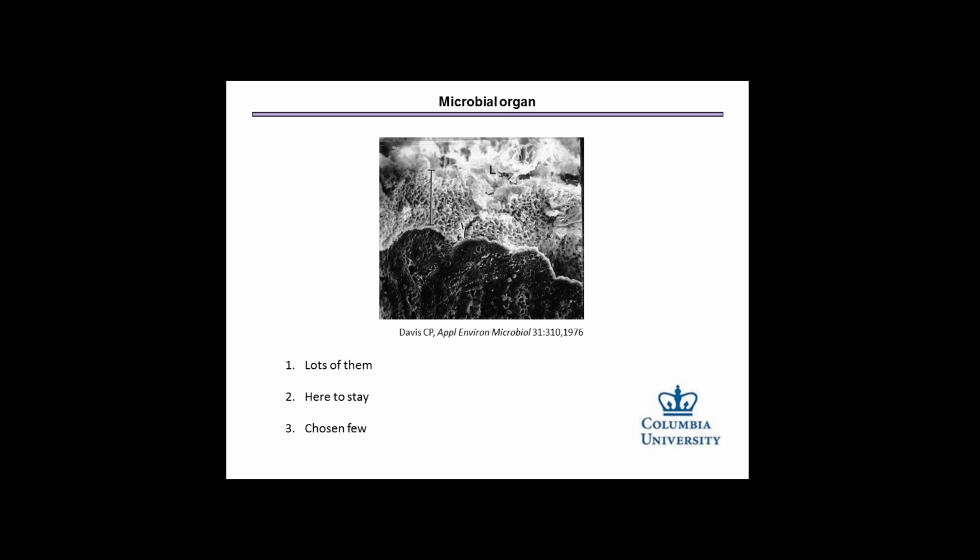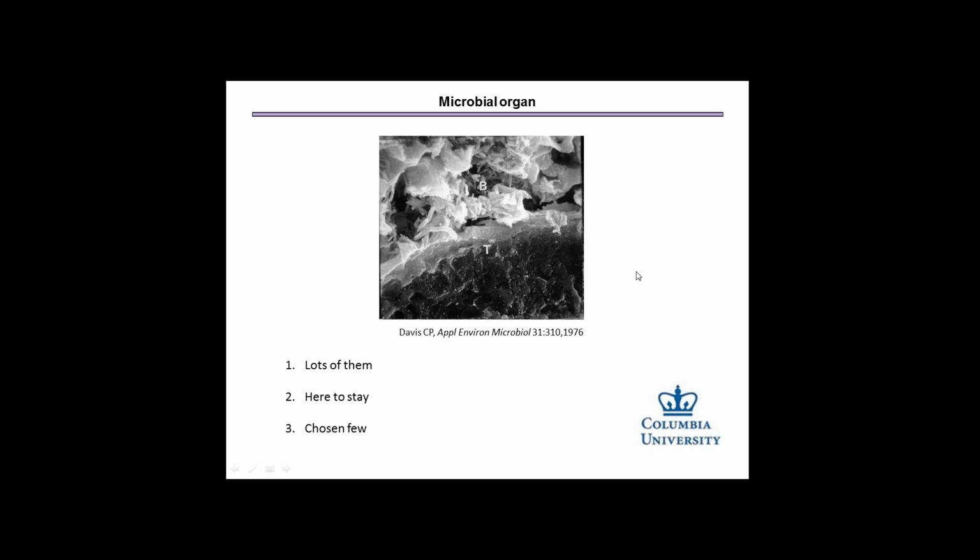As you can see on this electron micrograph, there is the mucus layer on top of the epithelial cells in the colon, and inside this mucus layer there is a community of bacteria. Now we know also of viruses and fungi that are intricately associated with the host tissue, and some people refer to them as a microbial organ.